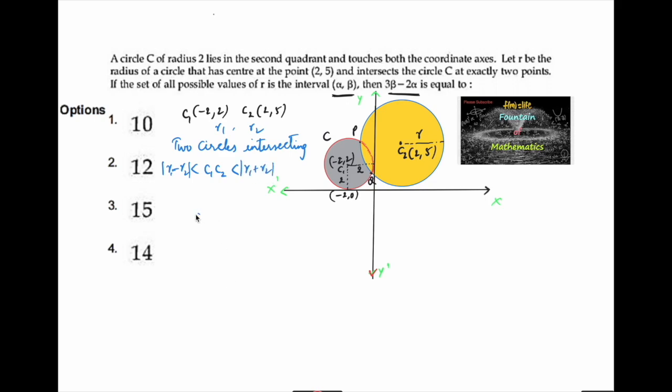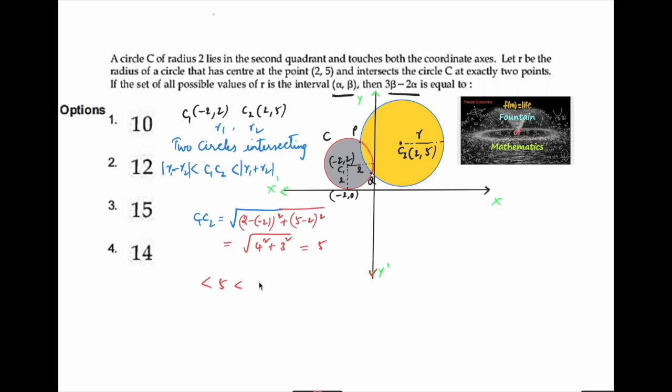So here the distance between the two centers C1C2 is equal to under root of (2 minus of minus 2) whole square plus (5 minus 2) whole square. So 2 minus of minus 2 is 4 square, 5 minus 2 is 3 square. So 4 square plus 3 square, 16 plus 9, 25, which is 5 units. So distance between the two centers is 5 units.